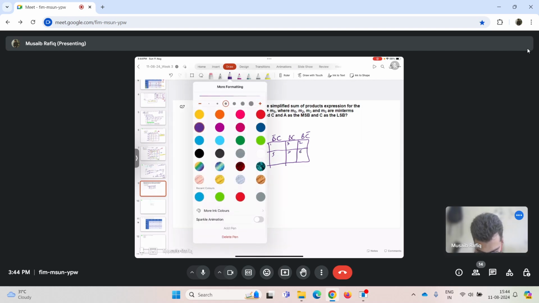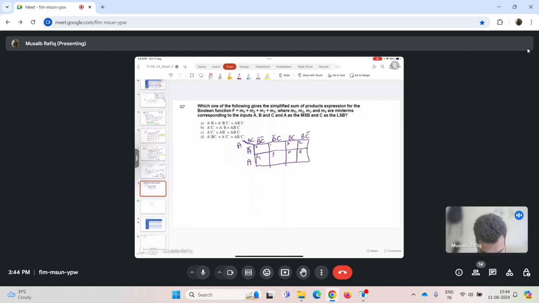Now I'll mark the minterms. So the minterms are 0, 2, 3, 5. So this can be written as f is equal to sum of minterms 0, 2, 3, 5. So I will have 1 here, 0, 2, 3, and 5, right? Is this correct? Yeah, it's correct.